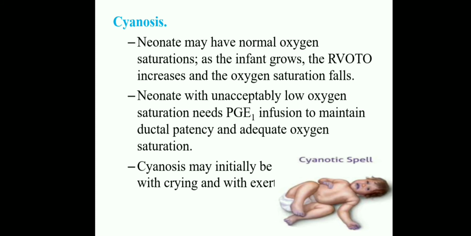Initially means when the child is irritable and crying, at that time cyanosis will be there. When the baby's physical activity increases, at that time also the child suffers with cyanosis. But later, when the child grows up, the child automatically has cyanotic spells.